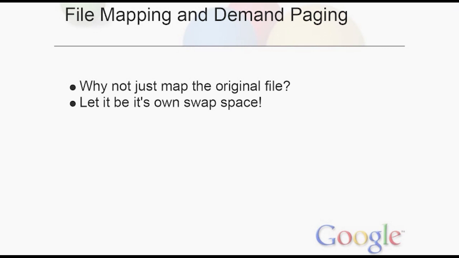And so that's what happens in this case of file mapping: you just use the original copy of the program as its own disk copy of what's in memory. And if you need to free those pages, you just free them up, and if you need those program pages in memory again, you just copy them back from the original file.